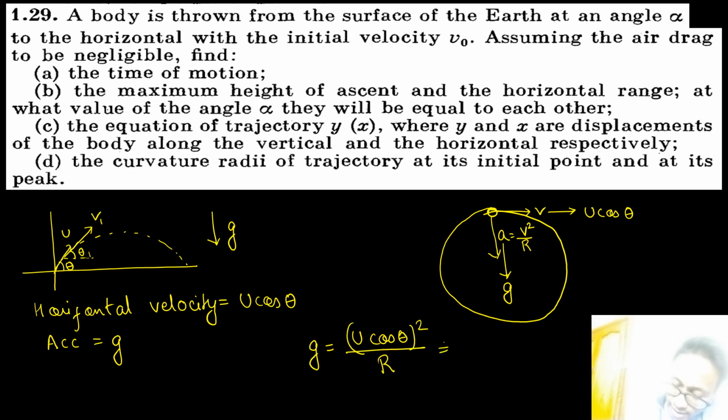And radius of curvature r is nothing but u square cos square theta by g. So this is our fourth part of the question.